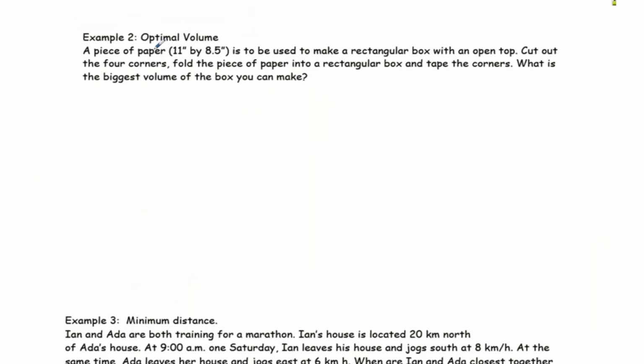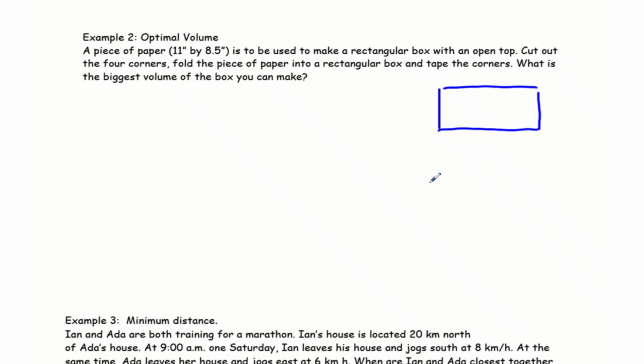So optimal volume. A piece of paper is to be used to make a rectangular box with an open top. So it's kind of, we have a rectangle paper here, okay?